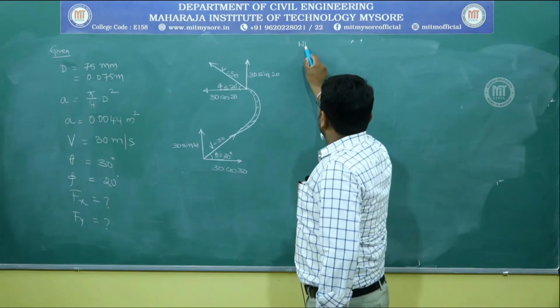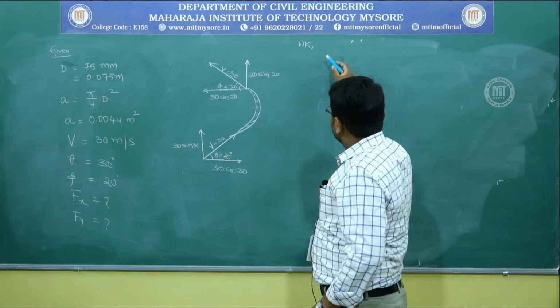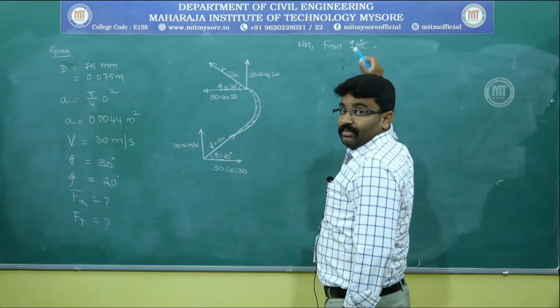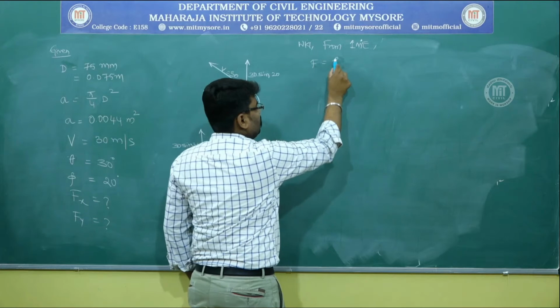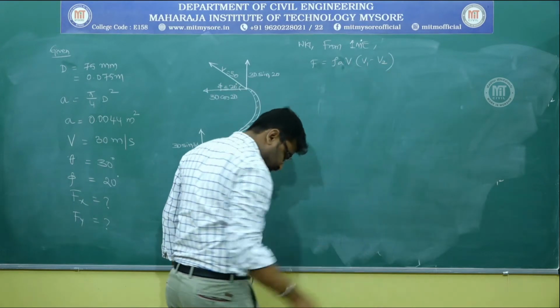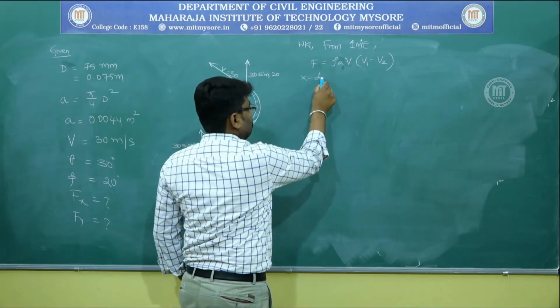So, we know that from the impulse momentum equation, F is equal to rho a v into (v1 minus v2). I will start in the x direction.